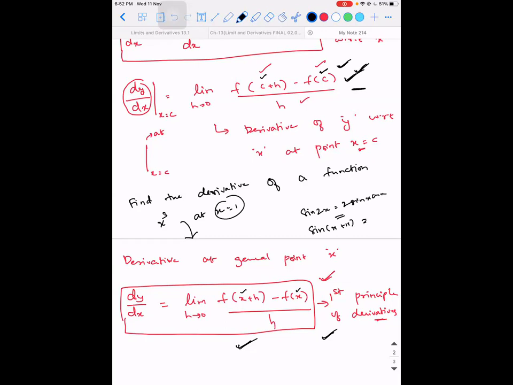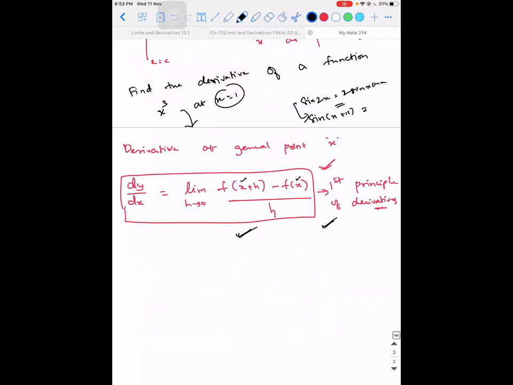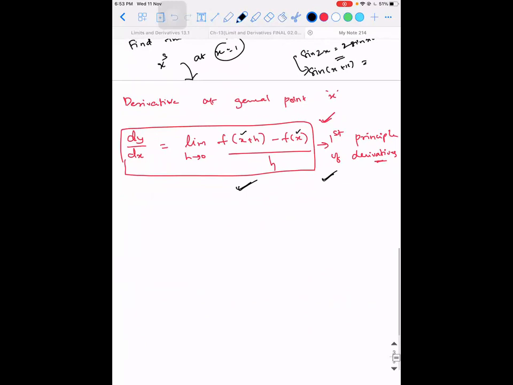In a similar way, here also we will have a set of formulas that we will derive using the first principle of derivatives. Then I'll teach you how to use it. Shall I proceed, guys?